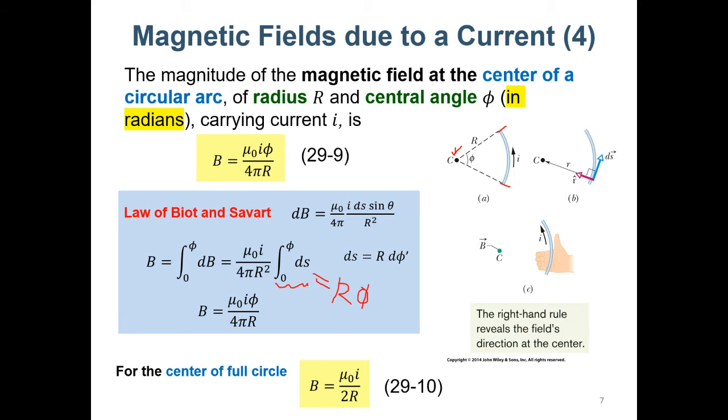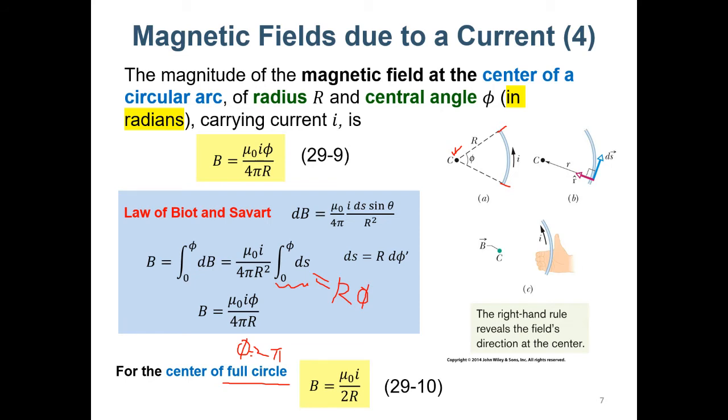So for a special case, if it is a whole circle, then here phi will be 2 pi, right? For a whole circle, phi equals 2 pi. So 2 pi and 4 pi will cancel, so we only have mu0 I over 2R.